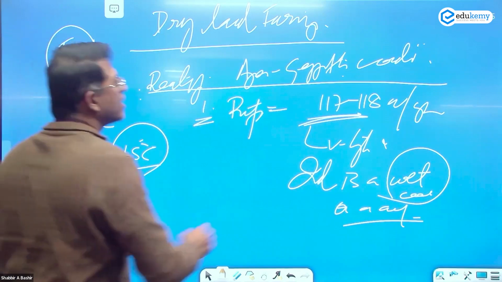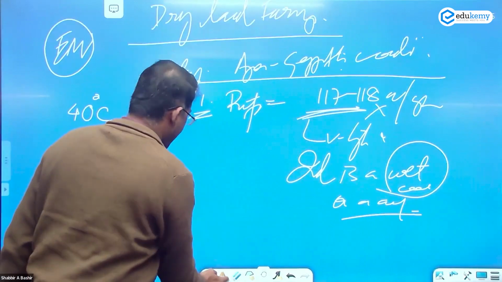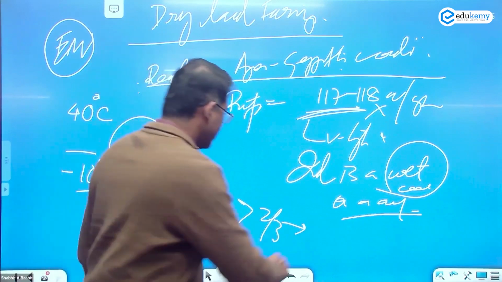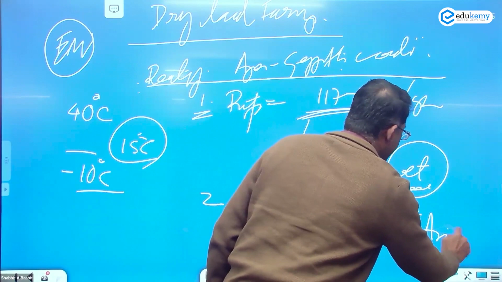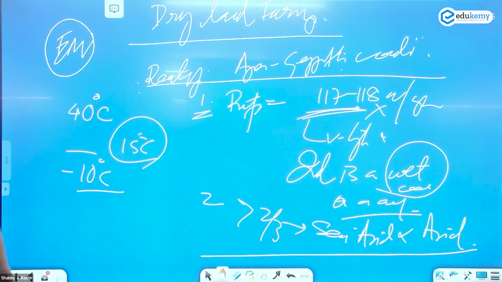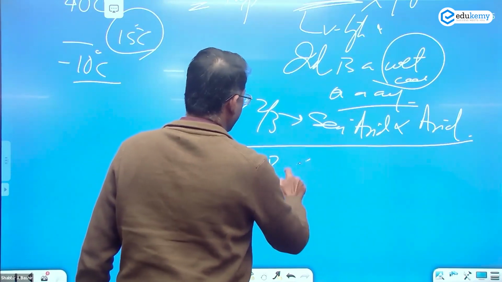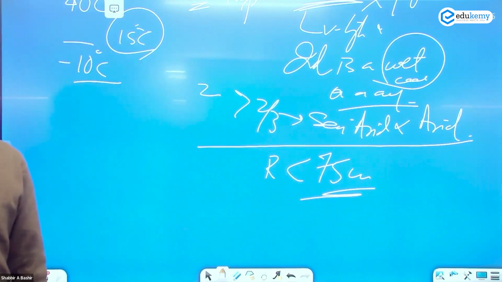ठीक है, I hope you got the point here. These averages are actually misleading because the fact is more than 2/3 of India is semi-arid and arid with rainfall less than 75 centimeters. ठीक है?